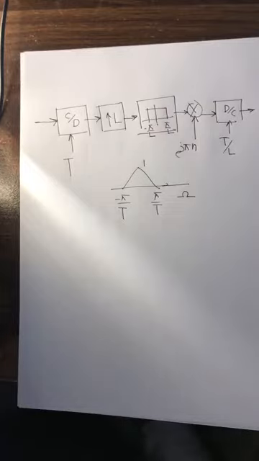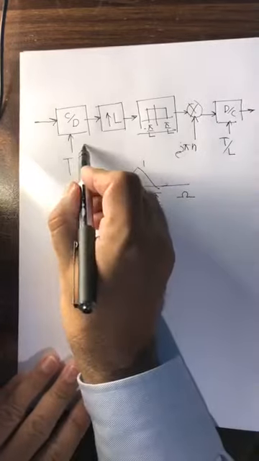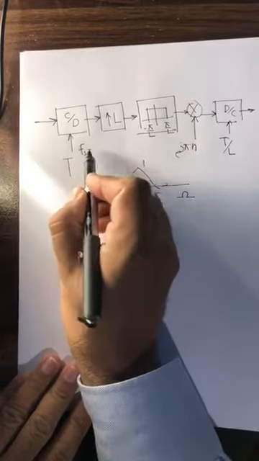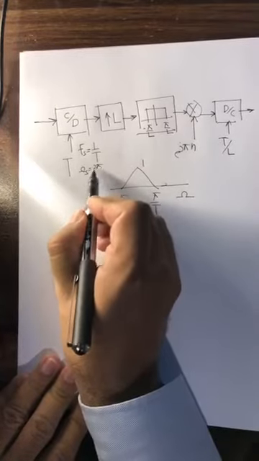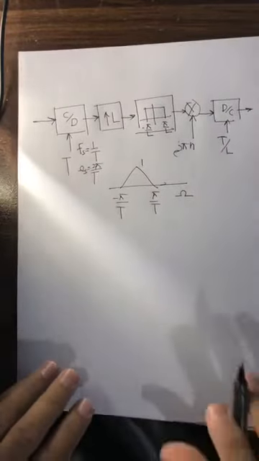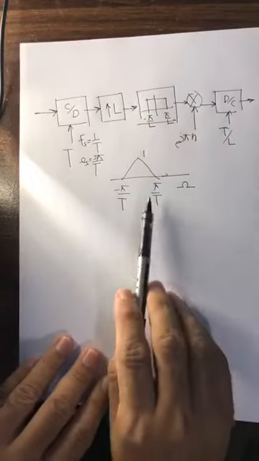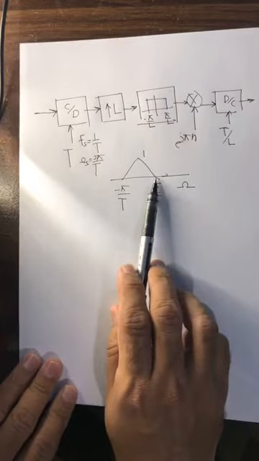If you remember, here is T, meaning your sampling rate f of s is 1 over T and your sampling frequency is 2 pi over T.